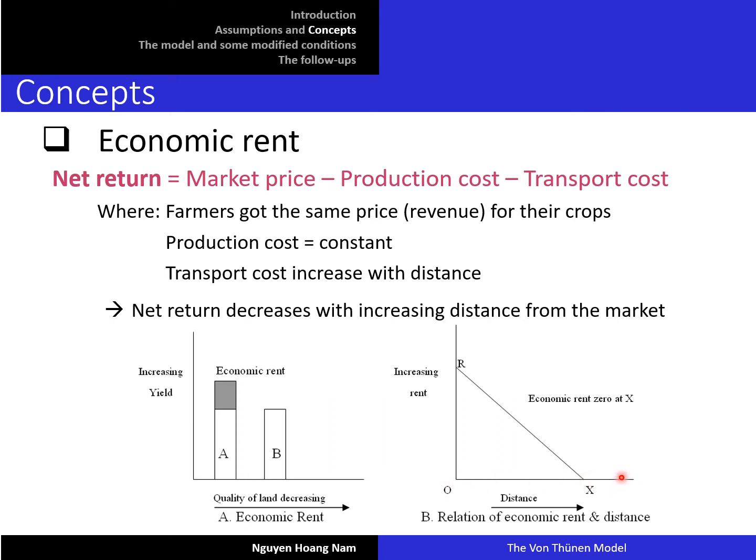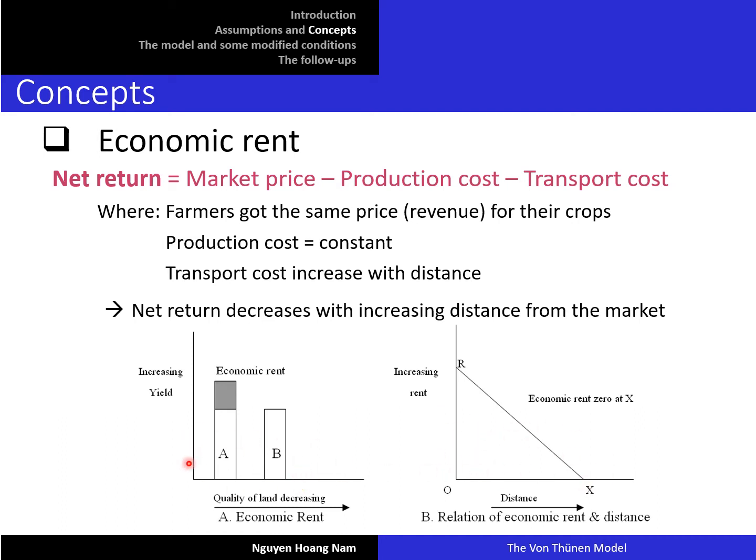And if the distance is further than x, then we also have rent 0, and we don't actually plant the crops if the distance is further than x. Okay, so that's the figure on the right.